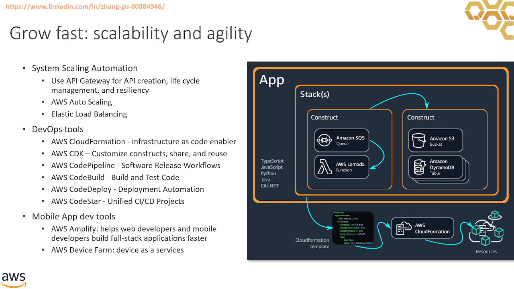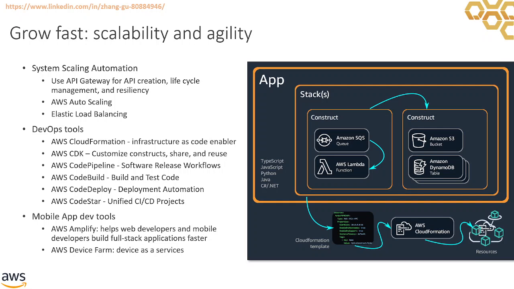For the CI/CD lifecycle, you can use AWS CodePipeline, CodeBuild, CodeDeploy, and CodeStar. And for mobile app development, AWS Amplify allows you to build full-stack mobile apps much faster, and it was built to integrate user experiences across multiple platform environments, including web browsers, iOS, and Android.